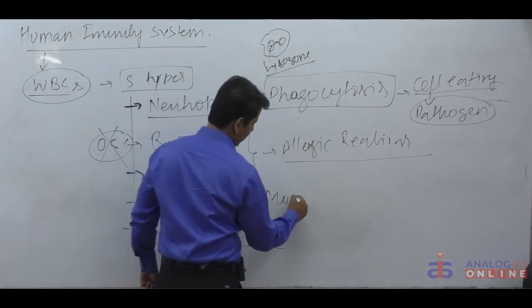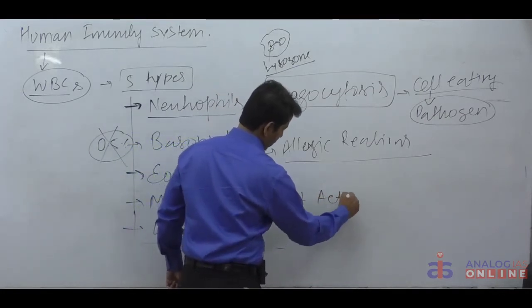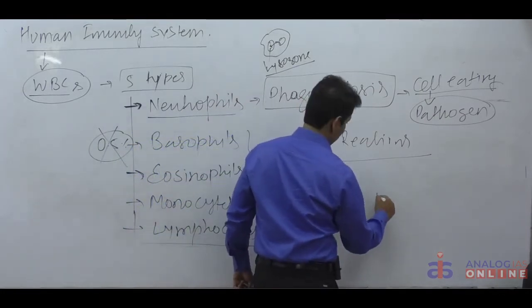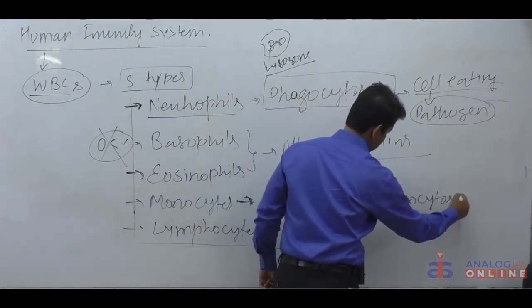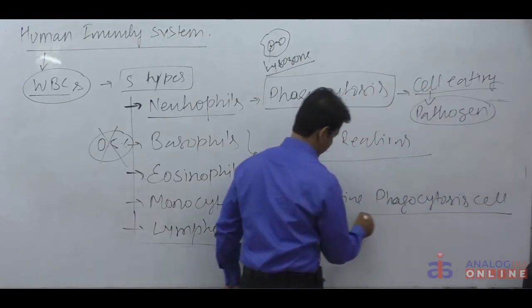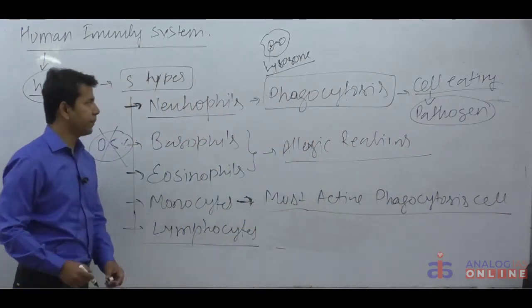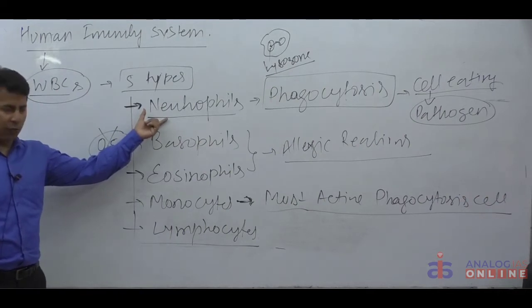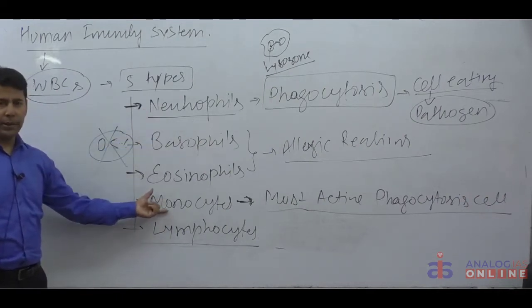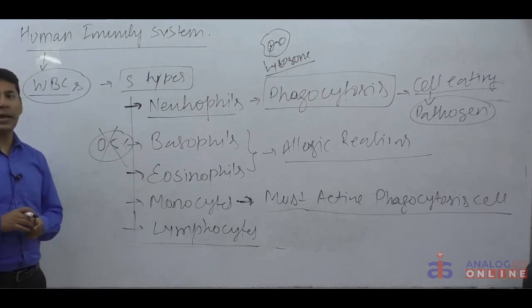Monocytes are basically the most active phagocytosis cell. They are very active. So if something cannot be dealt with by the neutrophil, then the monocyte will come up. They can eat large size pathogen very effectively.